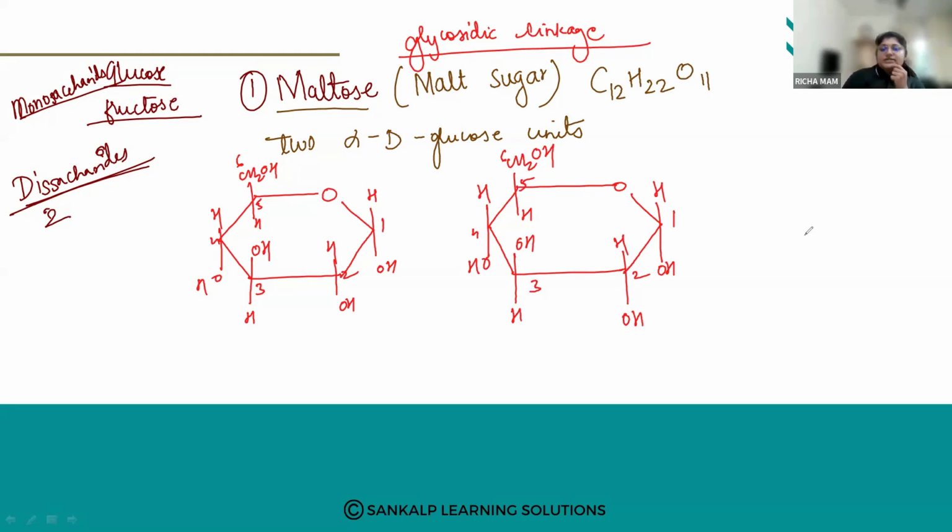See, these are the six carbon atoms. Now, how to link these two?